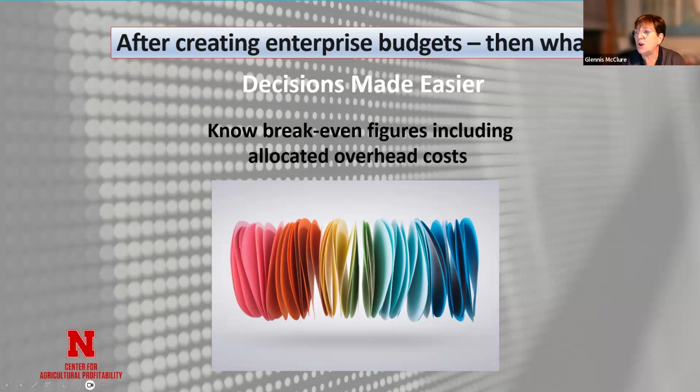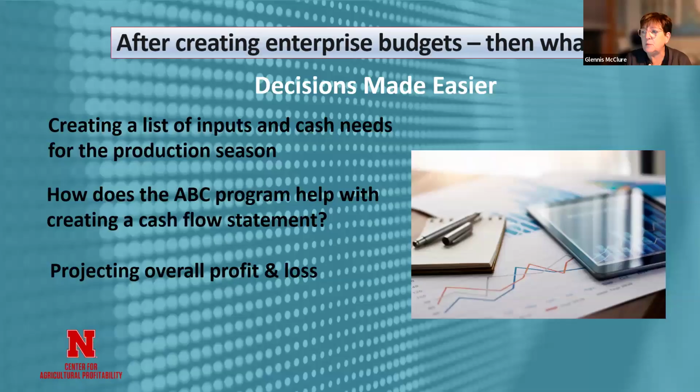All right. So creating a list of inputs and cash needs for the production season is an important thing that helps us. There are some reports in here. Again, on the crop side of things, if I have multiple farms and fields, let's say I've got 10, 12 different crop enterprises, and I'm putting fertilizer and chemicals and all these different things into my budgets, I can actually run a report and see what that total is.